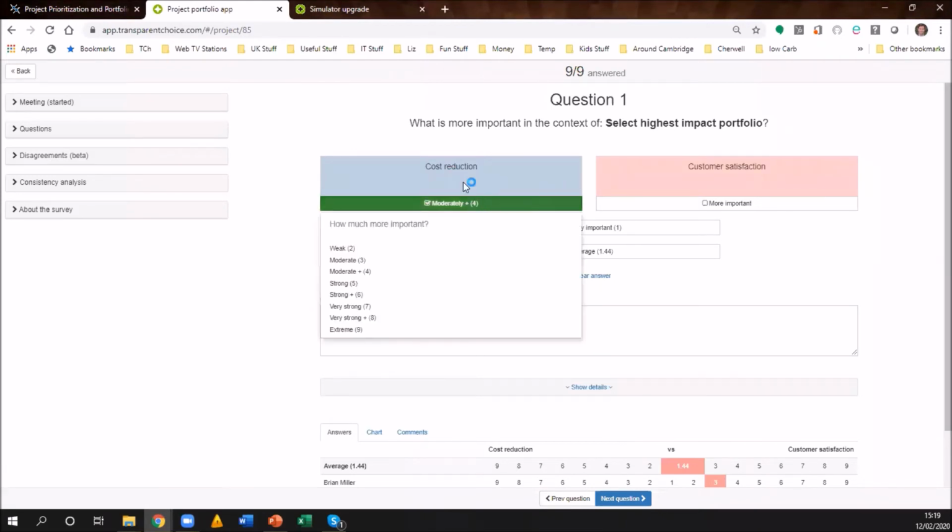And if we say criterion A, cost reduction, is more important, how much more important? Is it a little bit more important, a lot more important, or really absolutely the most important thing ever? This is working to overcome a lot of the biases that we all carry as human beings, and helps you get to a better decision.